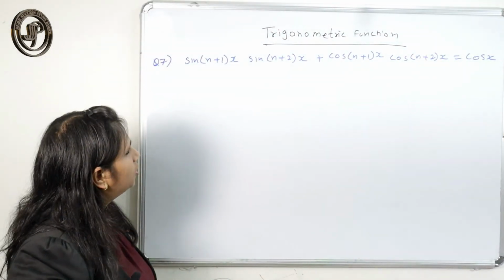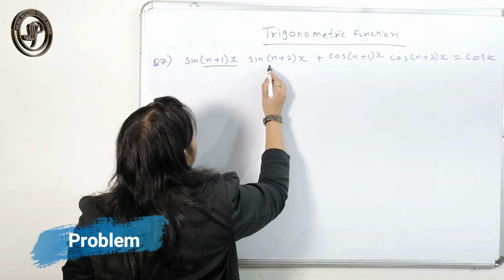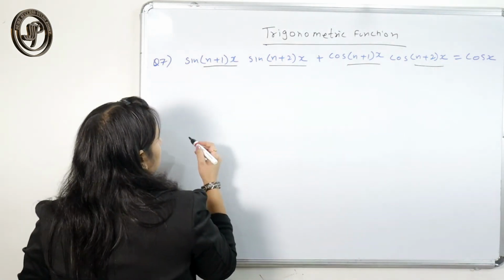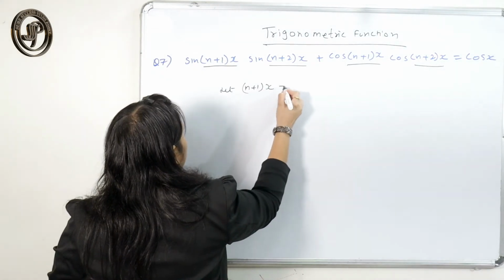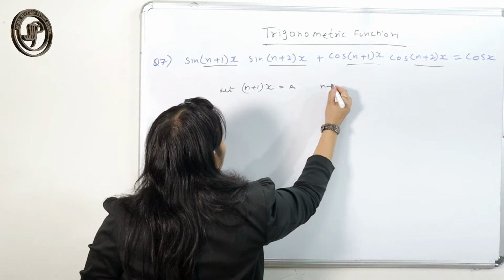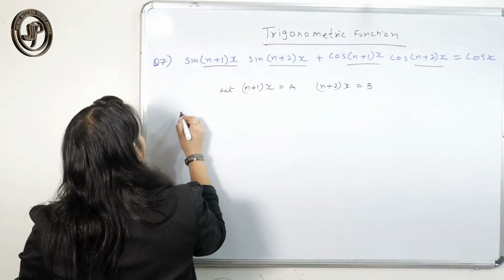So here is a question. In this question, you will see that these things are similar. So if you consider n plus 1 x as a and n plus 2x as b, then how can you write this statement?